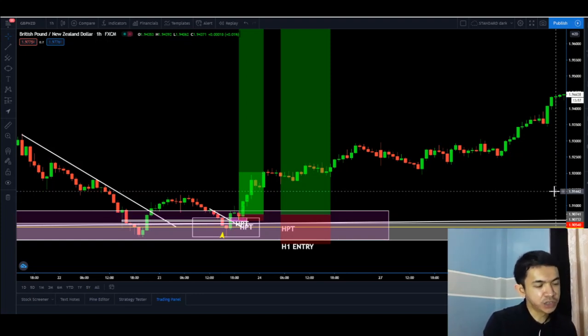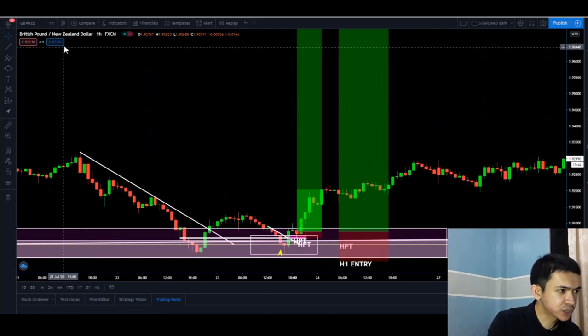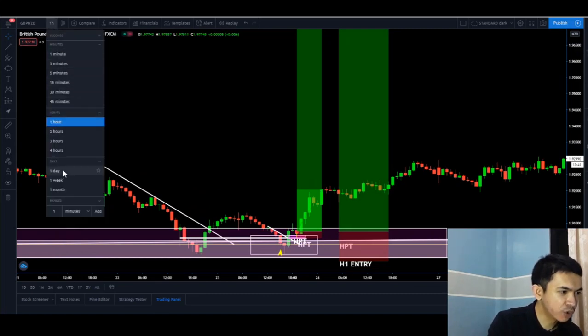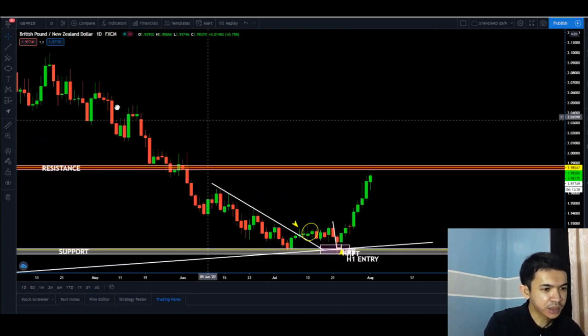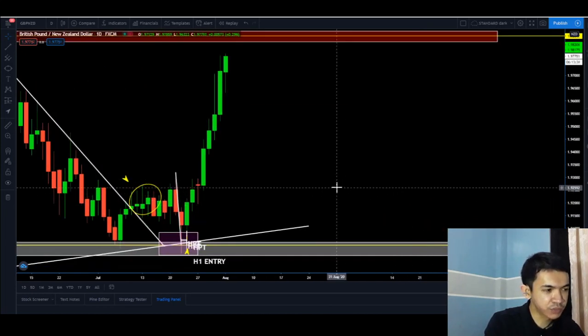Again, the reason you go to a much lower time frame is to have a tighter stop loss structure setup and improve your risk reward ratio. But if you're going to monitor your charts, always go back to a much higher time frame. Why? That is where the big money comes from.